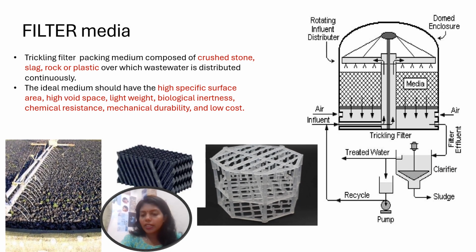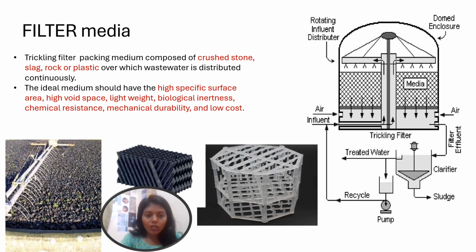As I said, the wastewater is distributed over the media. That media can be composed of crushed stone, slag, rock, or even plastic can be used. Above this media, the wastewater is distributed continuously. An ideal medium should have certain properties such as high specific surface area, thereby allowing more microbial growth and enhancing the breakdown of organic matter present in the wastewater, and high void space or porosity for good airflow and also water drainage.